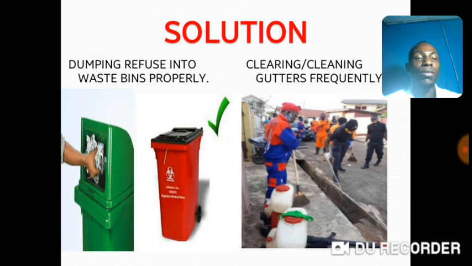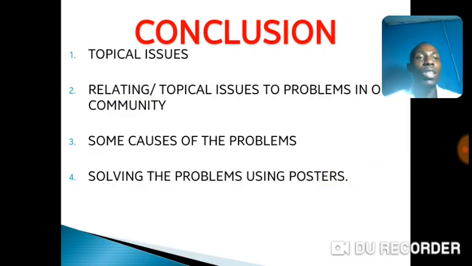Very well. Now we come to the conclusion of our lesson. What have we learned today? We learned about topical issues. We related these topical issues to problems in our community. We also looked at some causes of these problems in our community. We also learned how to solve a problem using posters.